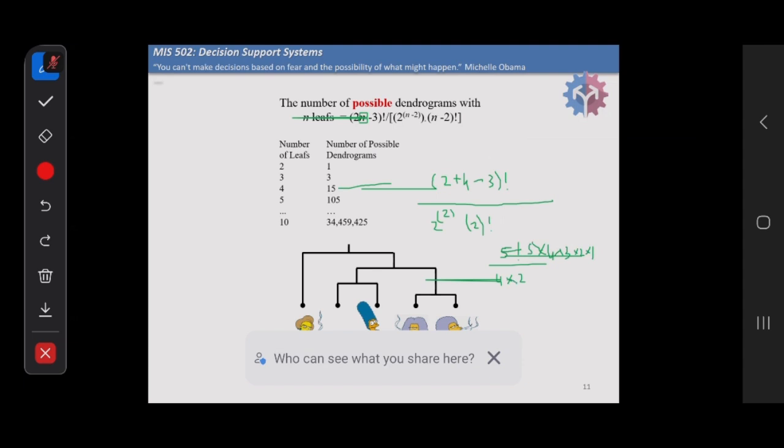It's a multiplication. So we cancel 2 with 2 and we cancel 4 with 4. So 5 into 3, 15. 5 times 3 is 15.